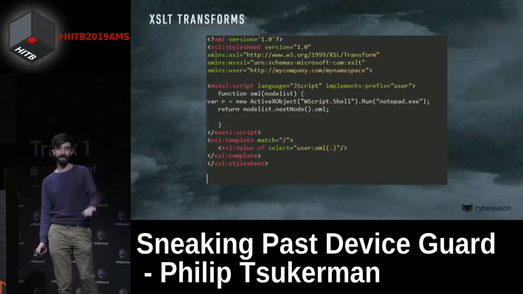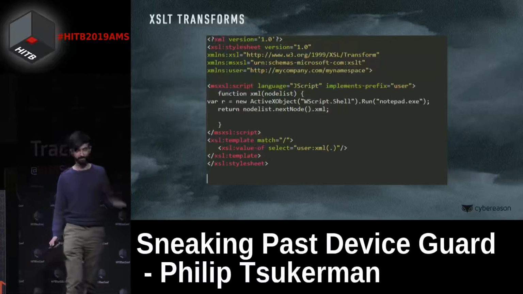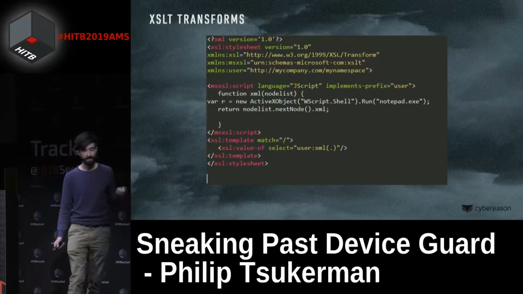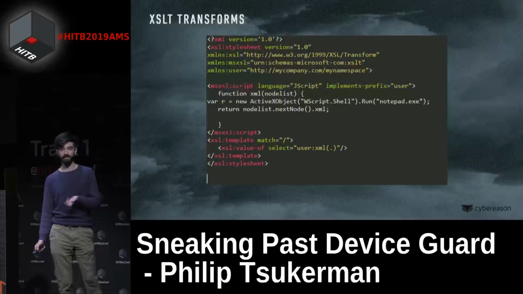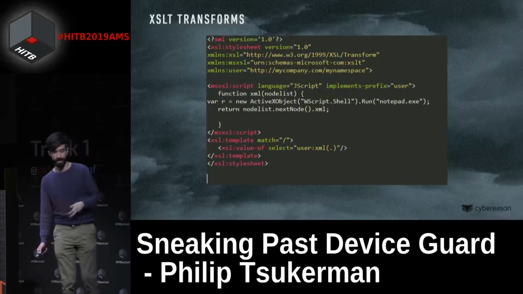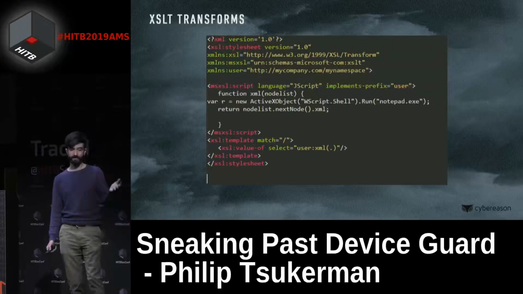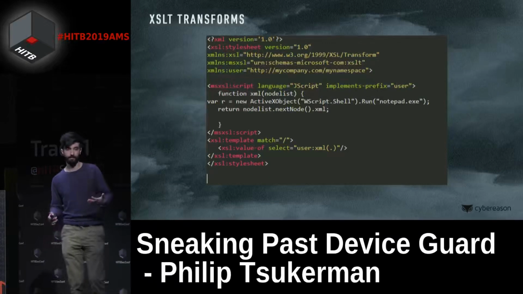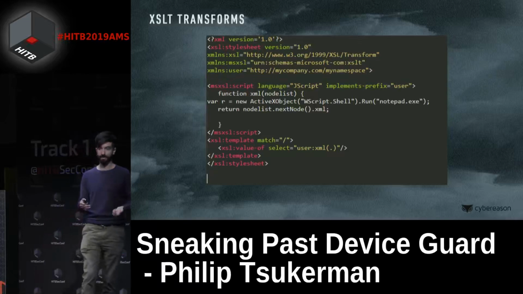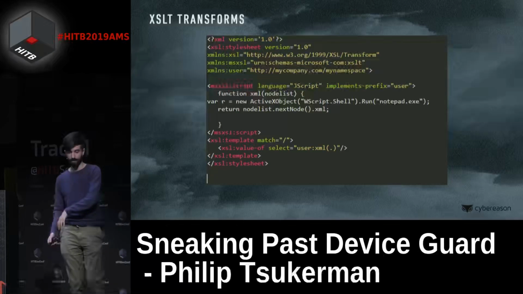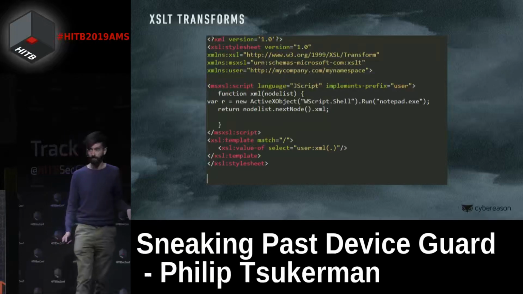Another unenlightened scripting host, which does not implement Device Guard, is the MSXML libraries that implement XSL transforms. XSL transforms are basically a type of file that allows you to programmatically manipulate XML files. Of course, it implements its own fully capable scripting engine, which is, again, not instrumented by Device Guard.